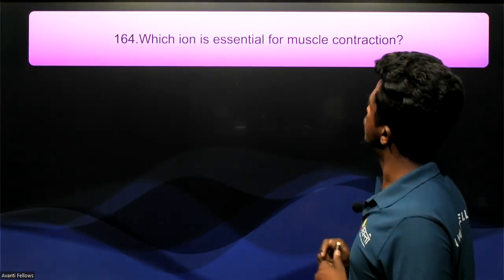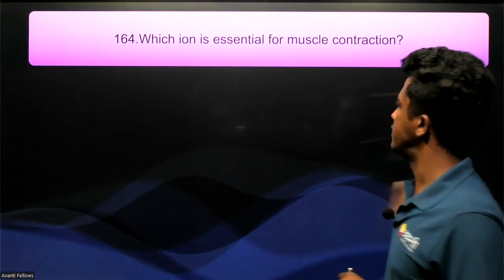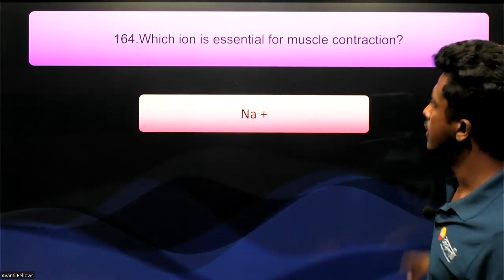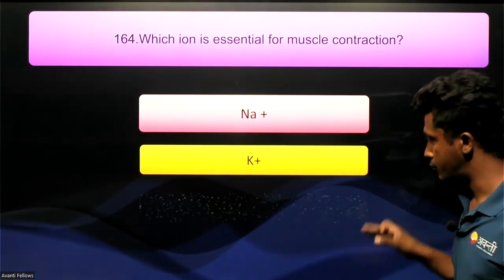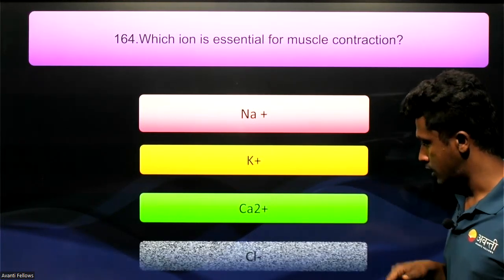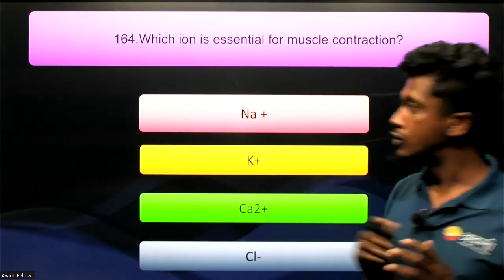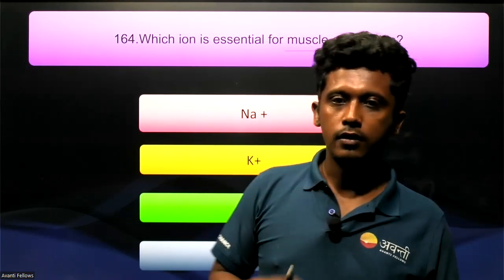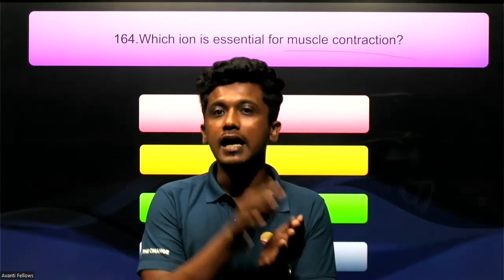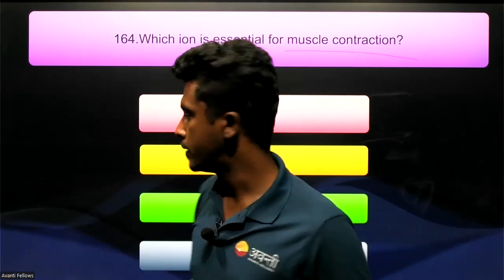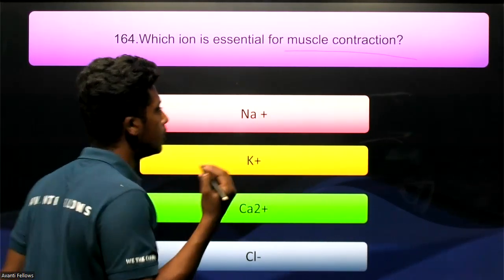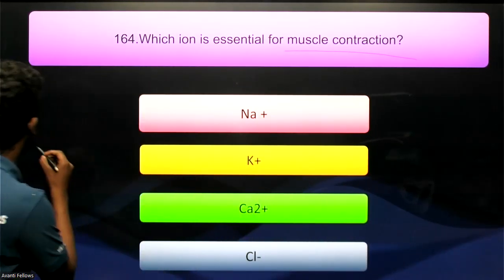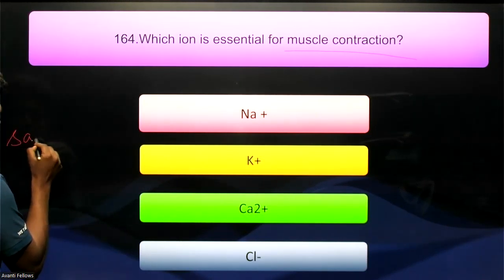Our next question is, which ion is essential for muscle contraction? Very easy: Na plus, K plus, Ca2 plus, and chlorine. Whenever we talk about muscle contraction, when we observe the characteristic features of a muscle fiber, we come across a very peculiar cellular organelle called the sarcoplasmic reticulum.